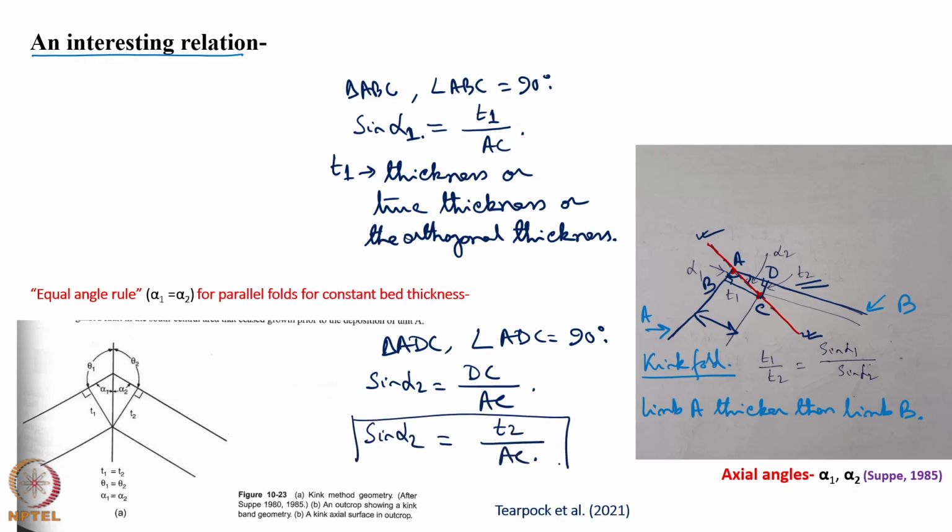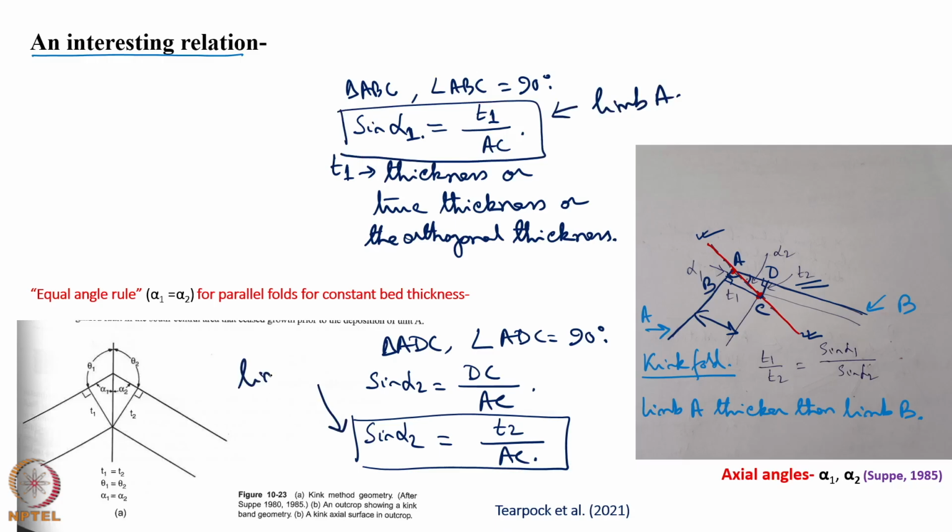If I equate AC from these two equations, this one coming from limb A, this one coming from limb B, then we can find T1 divided by T2, that means the ratio of the orthogonal thicknesses, is equal to sin alpha 1 divided by sin alpha 2. This is an important relation.